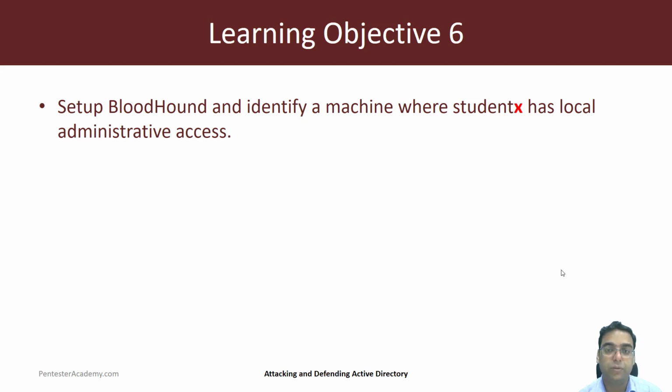This brings us to learning objective number 6. That is to set up BloodHound and identify a machine where student X, that is your current user, has local administrative access, right? So a very, very simple learning objective. Feel free to try and use the previous learning objectives of enumeration using BloodHound and compare it with the output of those tools and see which one was easier to visualize, where you can control the visibility.